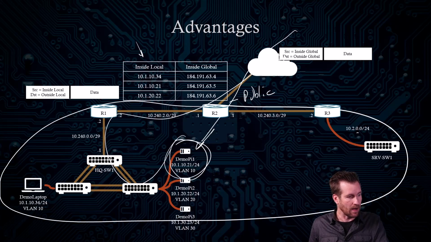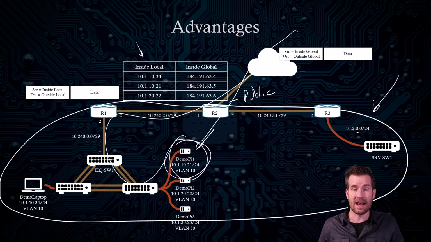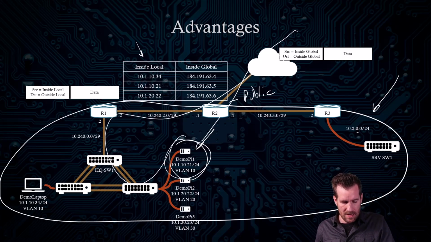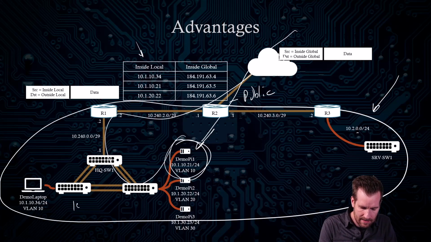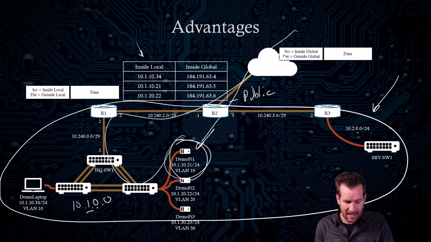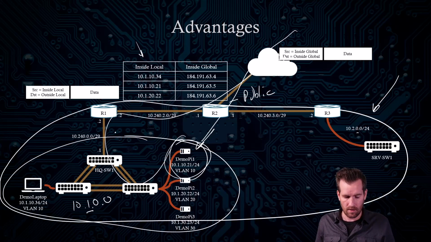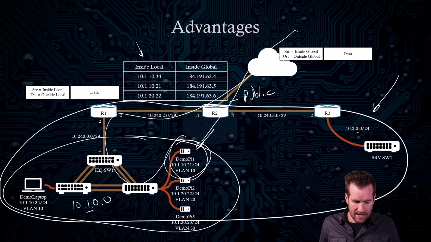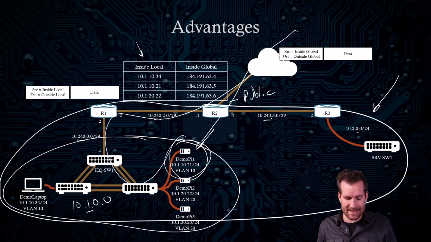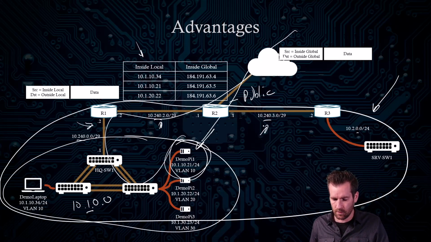Another benefit to this is it provides consistency within our network right here. And what I mean by that is I've given this a 10.1.0.0 range and said anything in the second octet, if it's 1, represents my local network right here of this site. Anything that's 10.240 represents the network connections or the links between these different routers.